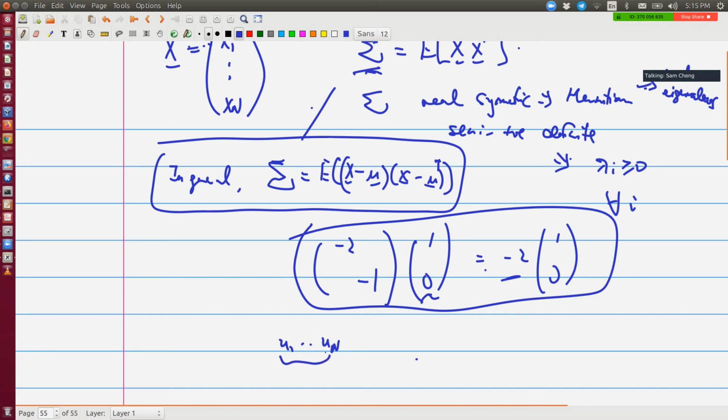Let's stick with the notation in my notes, so this is called the P matrix, like the V we had earlier. Then I can diagonalize sigma with this P. So I have P transpose, or P Hermitian, sigma P. Because for real symmetric, Hermitian is equal to transpose, this is just equal to D.